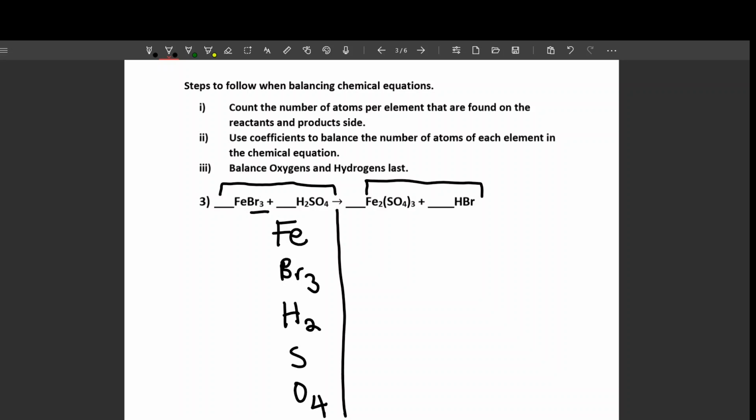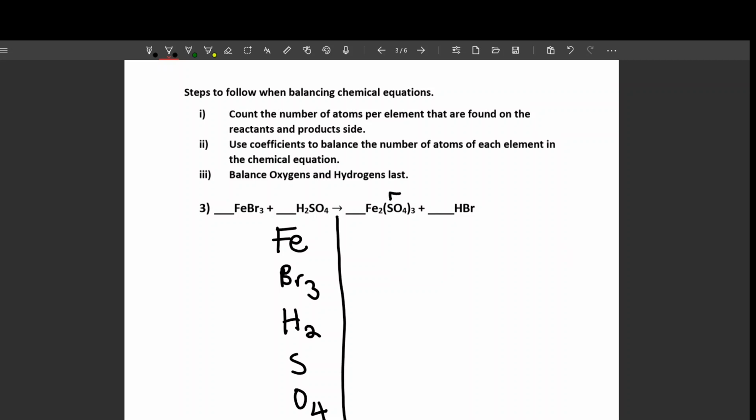What I was trying to say earlier is that we have these elements in brackets and then a little subscript outside the bracket. What this tells us is that we multiply the number of atoms per element in this bracket by this subscript. What do I mean?